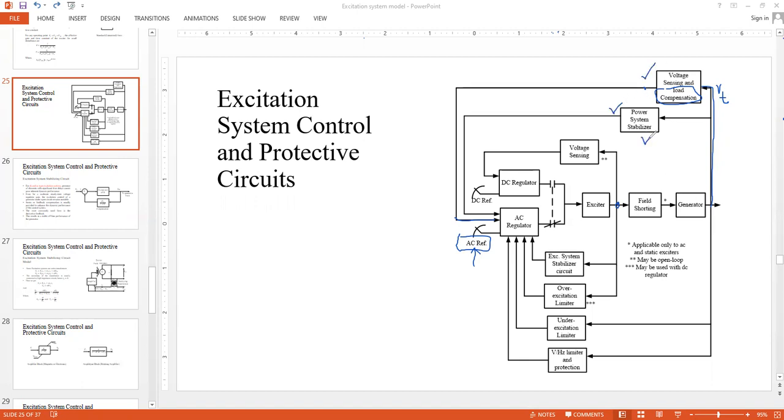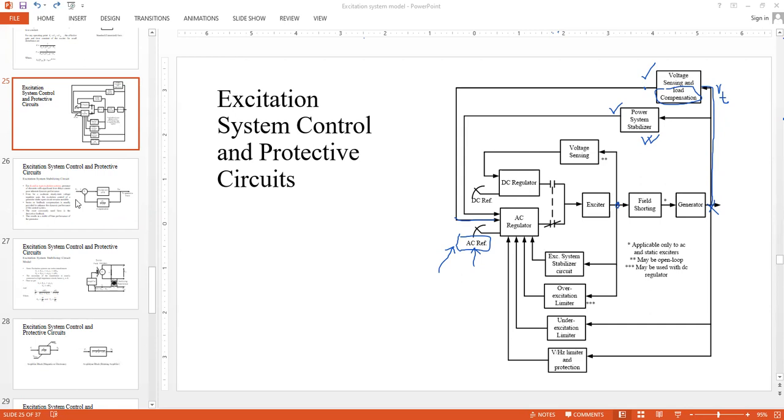If you are designing a power system stabilizer, then that could be a source of error, and the output of that signal could be treated as an error. Or the terminal voltage, the AC voltage output from the generator itself, could be the source of error, meaning the deviation of that voltage with respect to the reference. The exciter output could also be treated as an input to the AC regulator when it is passed through the exciter stabilizer circuit.